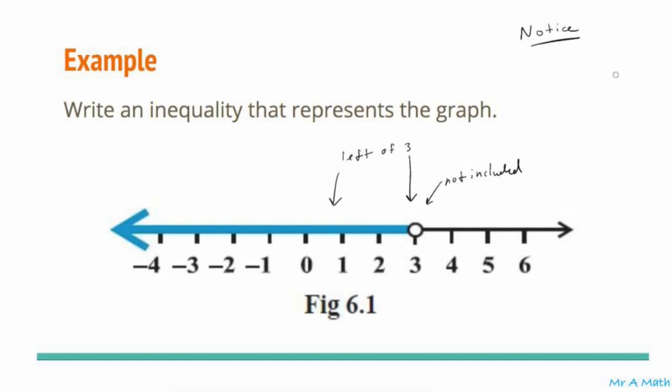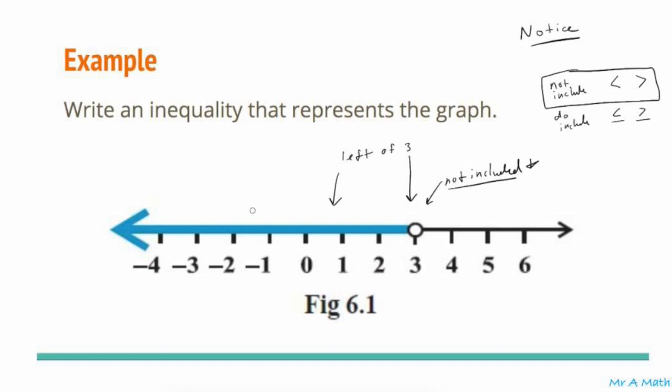So before we said symbols like less than or greater than were the ones that do not include the number that it's referring to, and less than or equal to and greater than or equal to do include the number that it is referring to. So since this does not include, this means I am going to be thinking about just less than or greater than.